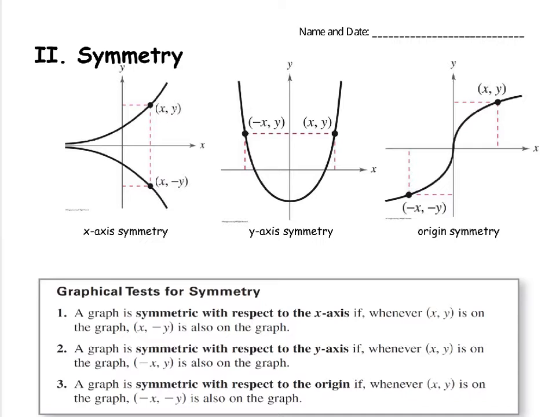Notice both x's and y's are opposites of the other point, and this would have to be true for every single point on the graph. Like y-axis symmetry, this is also a function because any vertical line that we run across the graph will only touch the graph in one spot, so indeed it is a function.